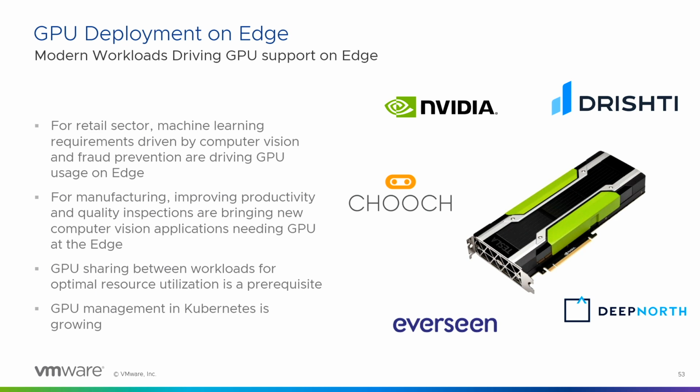So, GPU deployment on edge. First, we've got lots of great examples of automating the discovery of different accelerators, especially NVIDIA. We've got a specific partnership with them where you can virtualize your GPUs. If you do have a lot of edge workloads that require a GPU, one of the challenges is having the ability to share that GPU, to do time slicing sharing of that one expensive piece of hardware.